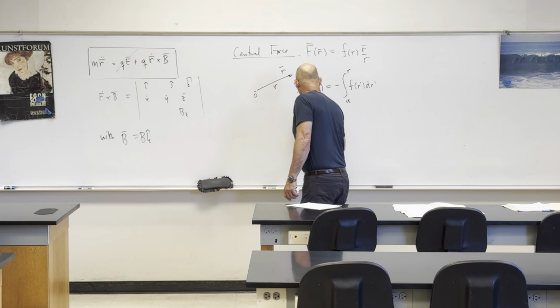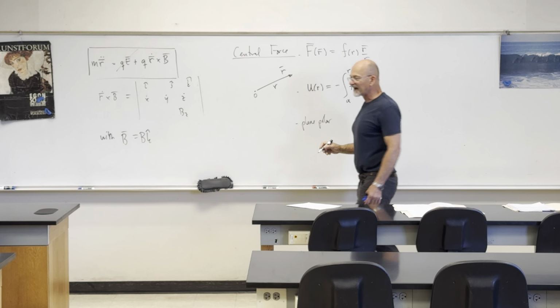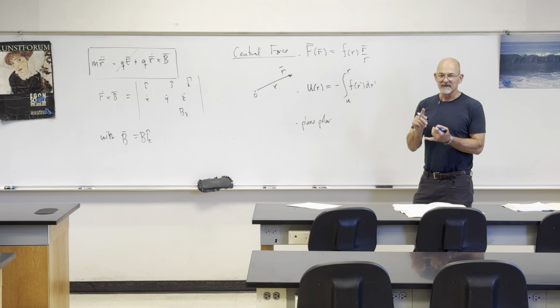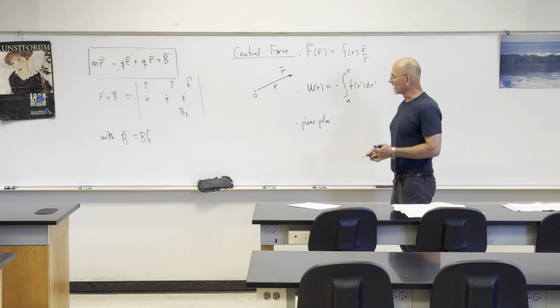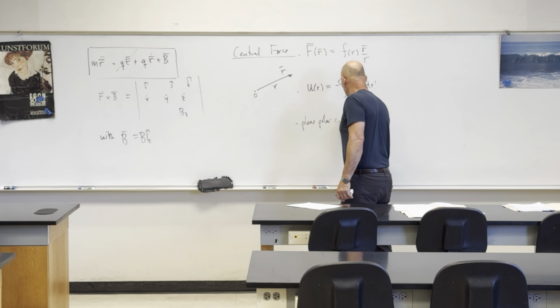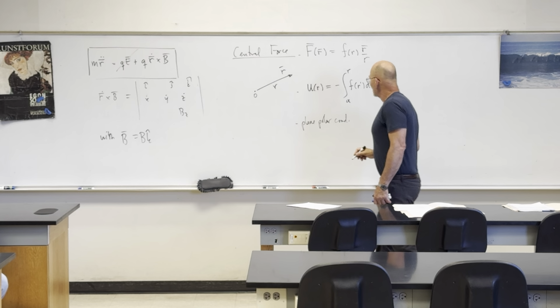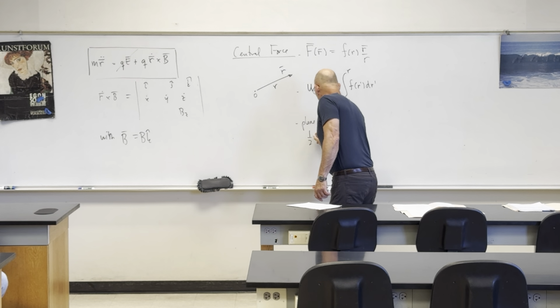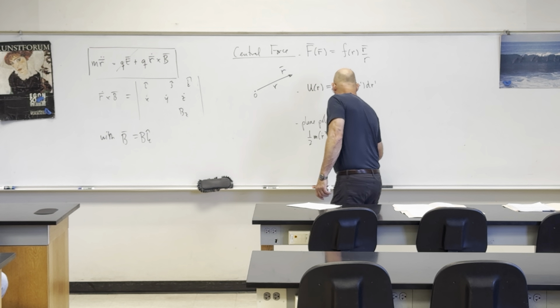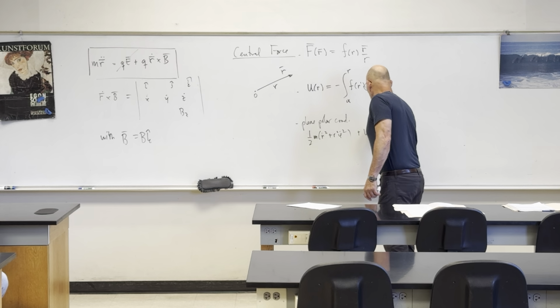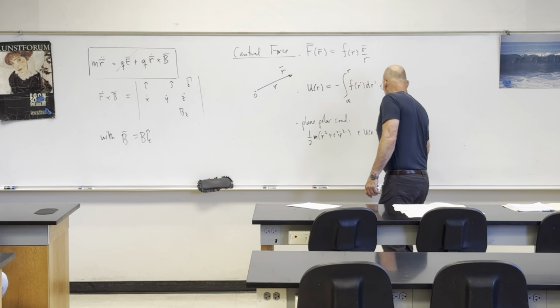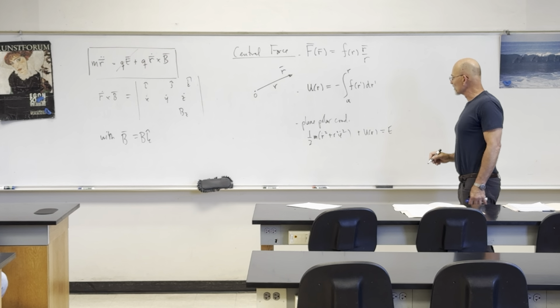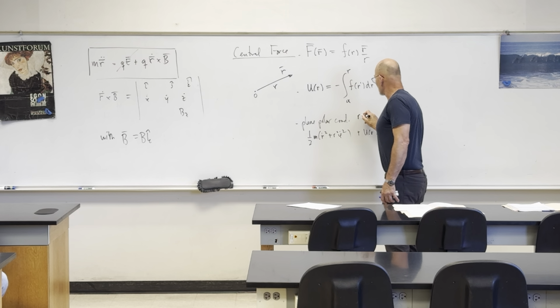And then we're using plane polar coordinates. So at this point, we can inherit the fact that we have conservation of angular momentum. And so we can write the energy as a half m r dot squared plus U of r equals E. So that's the upshot of using plane polar coordinates, r and phi.